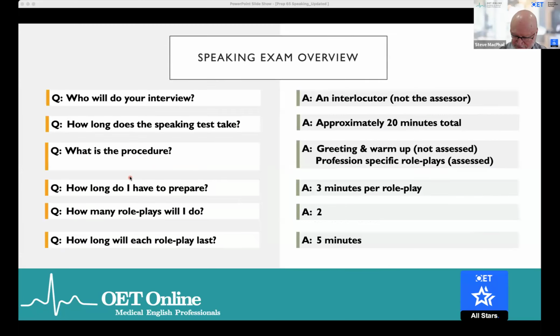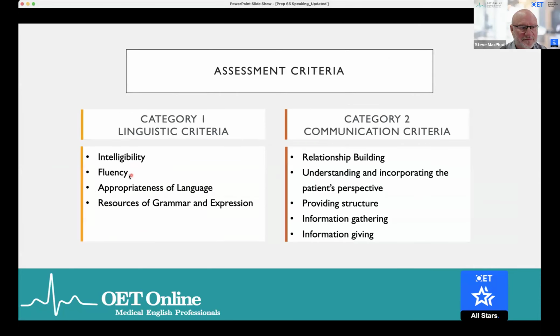Then we've got fluency. And the guide here is don't speak too quickly, don't speak too slowly. You don't want to have too many hesitations, and you don't want to speak so quickly that the person listening can't keep up with your communication. It needs to be just a natural rhythm and flow.